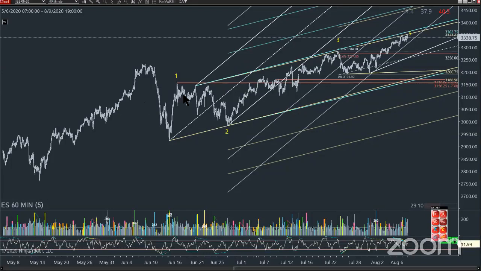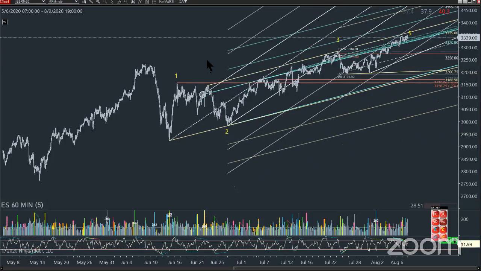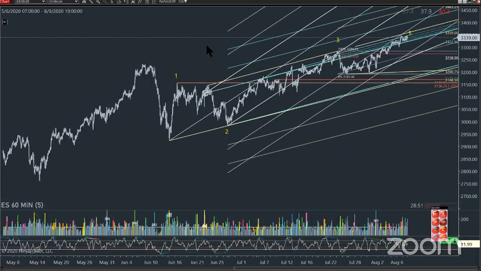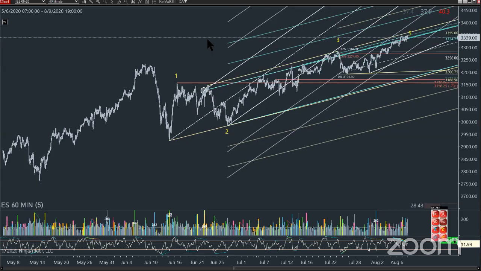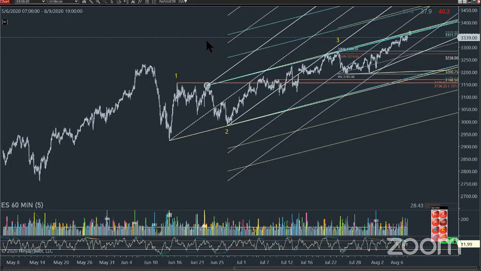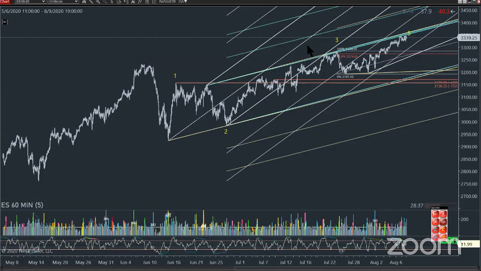In this case, it's probably that one, to be honest with you. Yeah, that lines up pretty well for the actual swing highs, but not for that morning line.